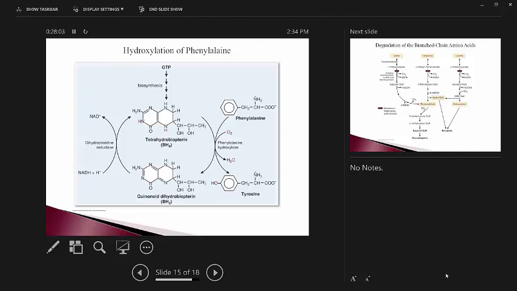Okay, and then what happens in this situation is, once again, just like we did with thioredoxin, NADPH is used by, in this case, dihydropteridine reductase to regenerate BH4. We're going to see BH4 showing up again in serotonin synthesis and others. So it's just another one. Effectively, it's a reduction, okay? Everybody kind of... So I wouldn't worry about the steps. Just know that phenylalanine has to be hydroxylated with this.